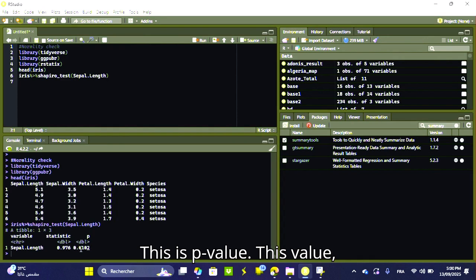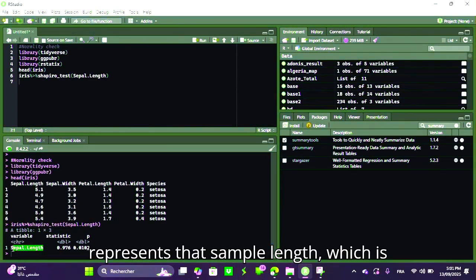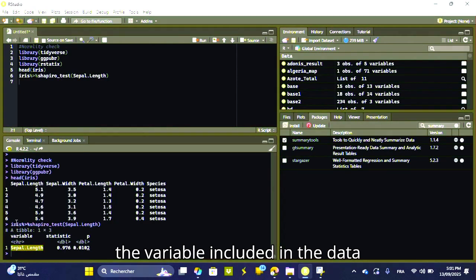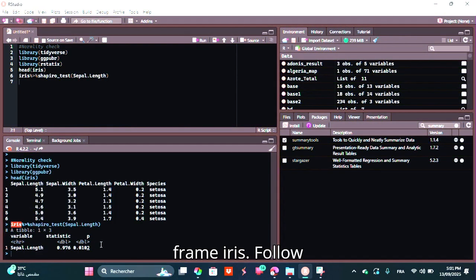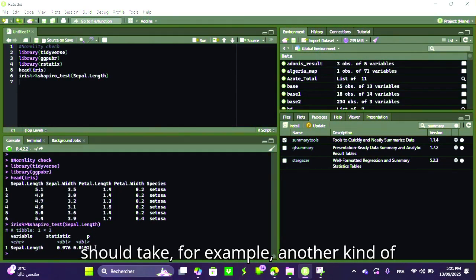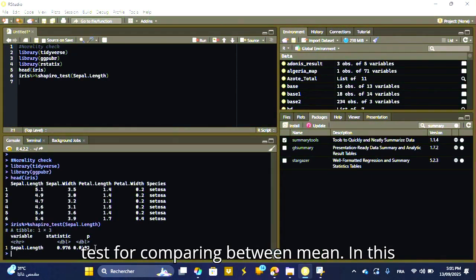This is the p-value. This value, which is 0.01, represents that the sepal length, which is the variable included in the data frame iris, follows a non-normal distribution. That means we should take another kind of test for comparing means.